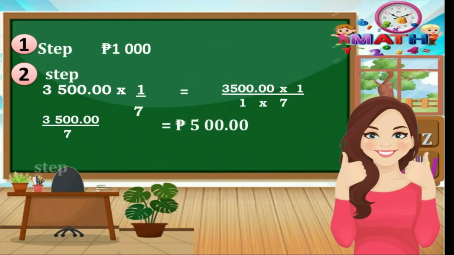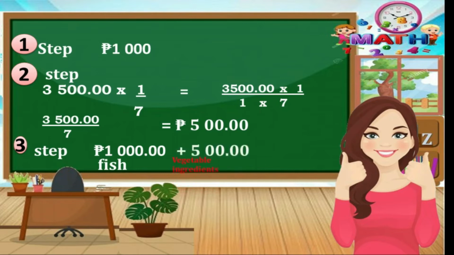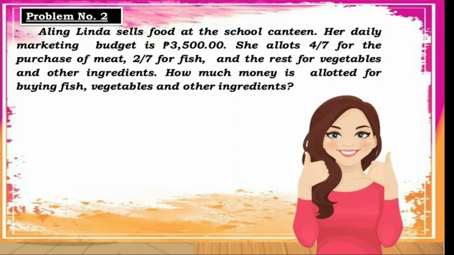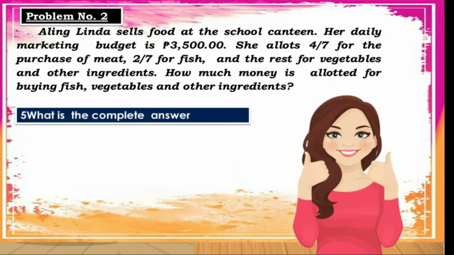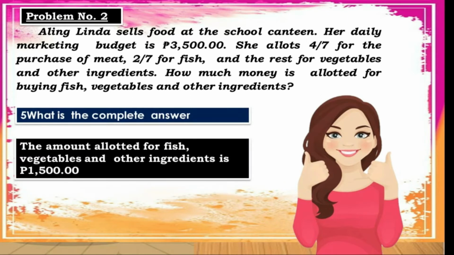Okay, step number 3, 1,000 pesos for fish plus 500 for vegetables and other ingredients equals 1,500 pesos. Okay, what is the complete answer? Okay, the complete answer is the amount allotted for fish, vegetables, and other ingredients is 1,500.